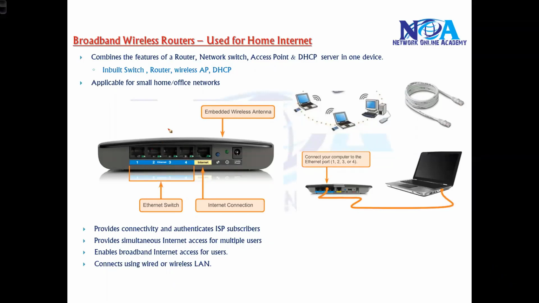Typically the role is it combines multiple features in one single device. If you take an example, if I just go with a normal network setup in any organization, you need a LAN. Let's say I'm connecting 4 devices. Let's say in my home, I got 4 computers or 4 laptops that should be connected.